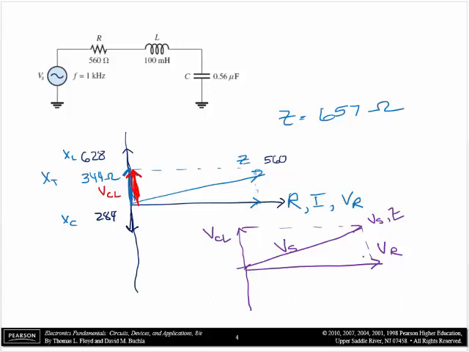So those are the three voltages involved in this circuit: the voltage across the resistor, and the voltage across this combination right here, VCL, made up of the voltage here plus the voltage here.